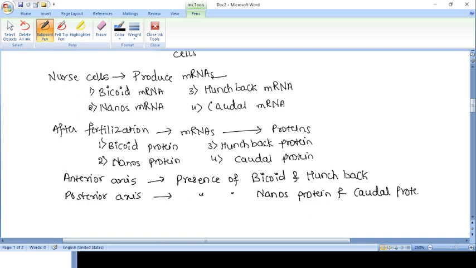This is very important. You have to remember, the anterior axis is formed due to the presence of bicoid and hunchback protein. The posterior axis is formed due to nanos and caudal protein.